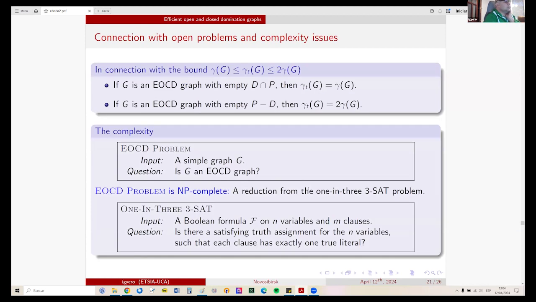And then what we began with is to consider some graphs for which we can study the properties of being efficient open or closed domination graphs.